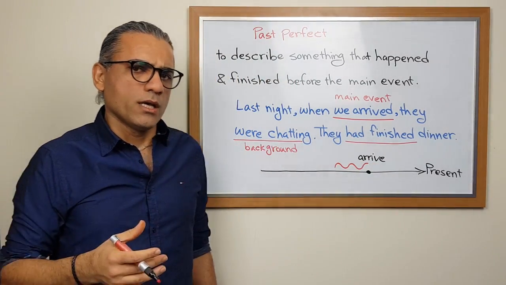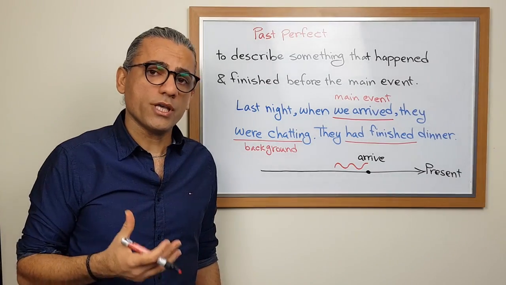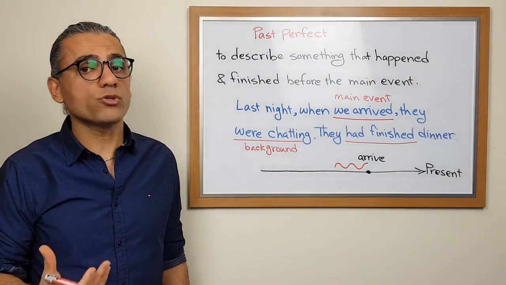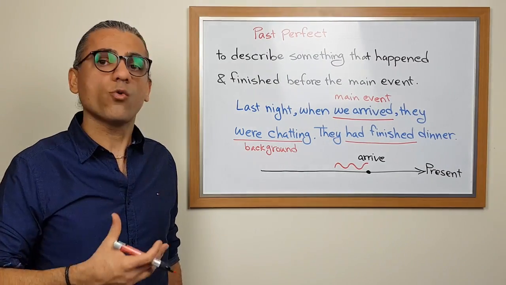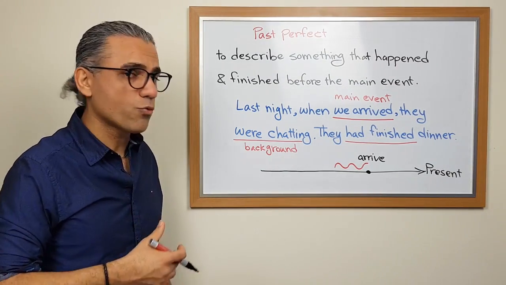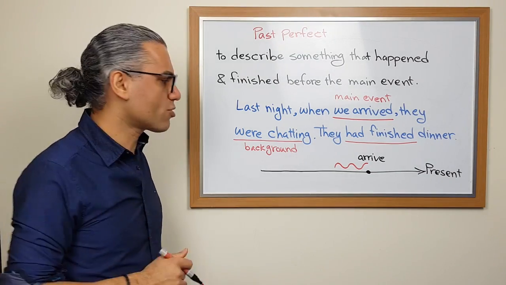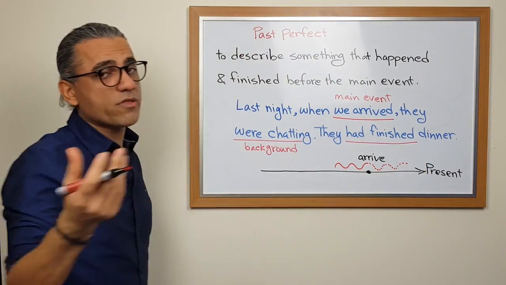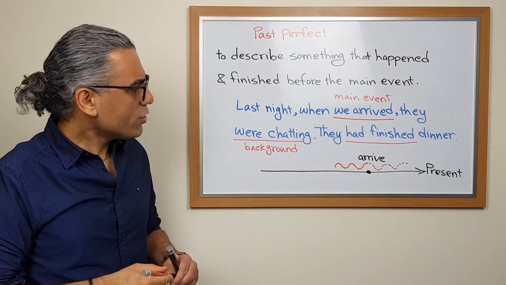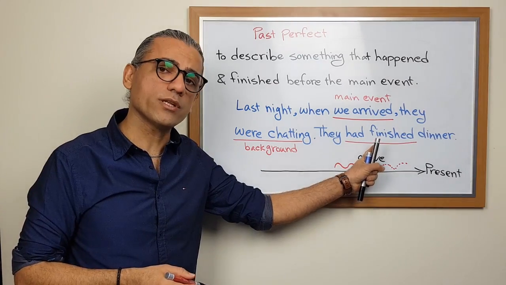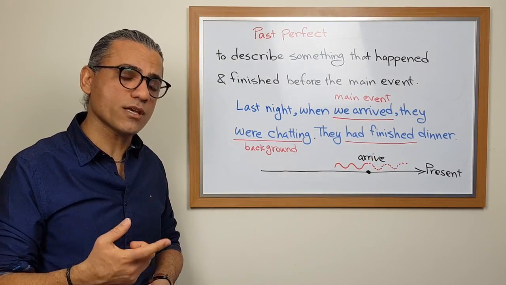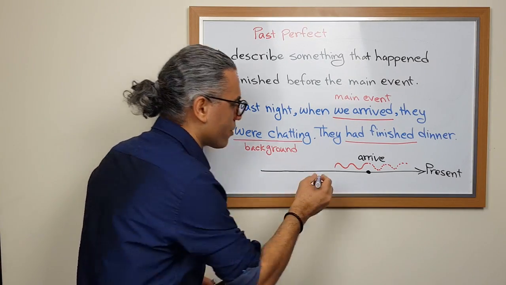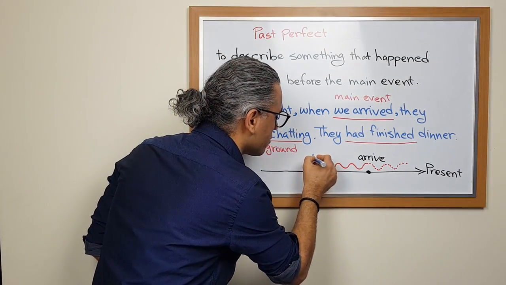Now, the thing is, we don't know if when we arrived they continued chatting or they stopped. We don't know, because both options are possible. So what we do on the timeline is that we show the rest of the line with a dashed line, because both options are possible. Now, where do we put this one? Past perfect. They had finished dinner. It happened before the main event of your story. So let's say somewhere around here.